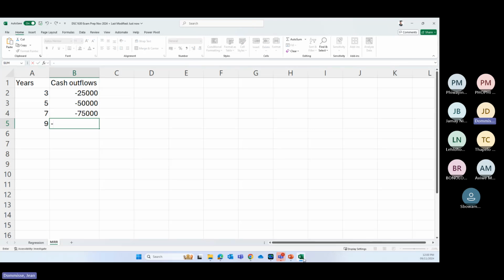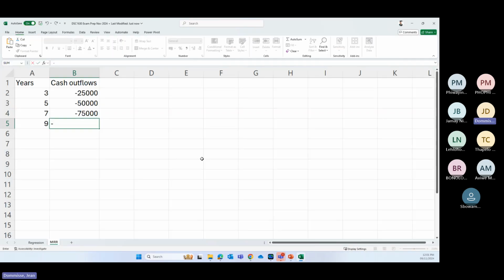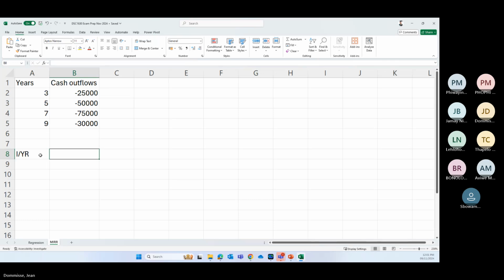I think the last one, 30. So let's just see if I need to trick Excel in this one. The interest rate was 8.64.